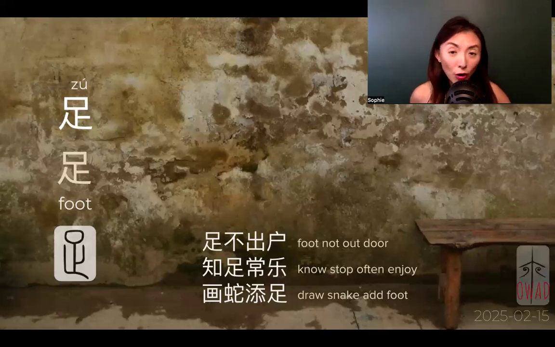So when you draw a snake and you draw feet on it, one, it's not necessary because snakes don't need feet to walk through space. I have to use walk, but they don't walk. They slither through the space. And two, it's untruth. It's not a faithful representation of what a snake actually is.